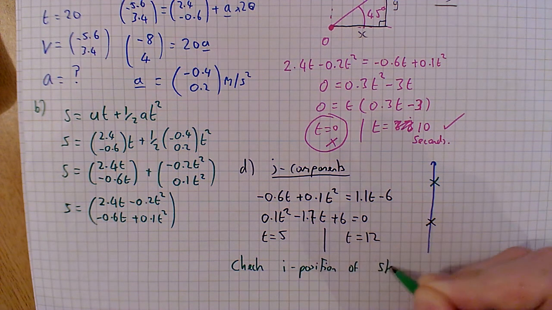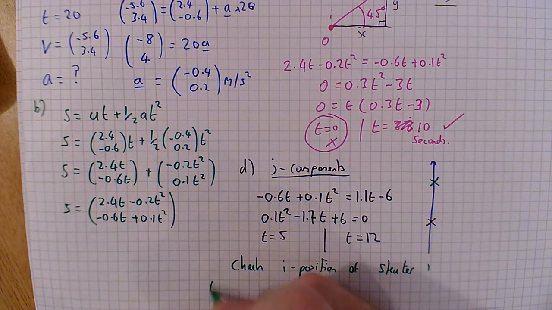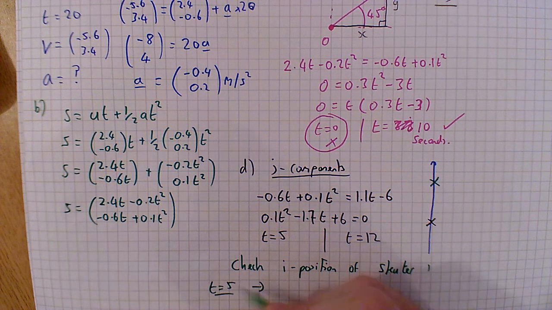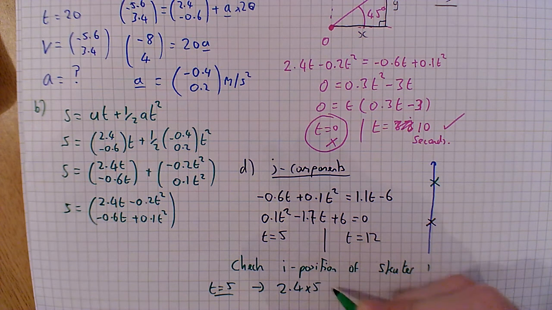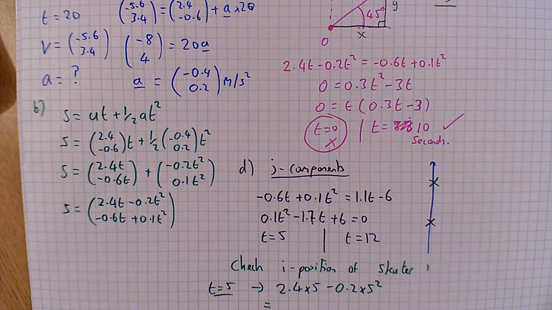So the i position when t equals 5 comes from up here still: 2.4 times 5 minus 0.2 times 5 squared. Pop that into our calculator.